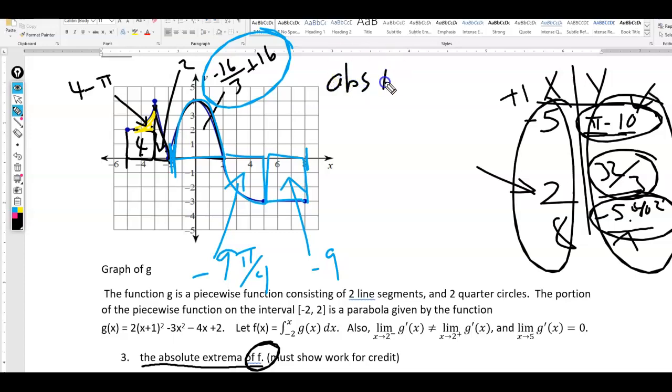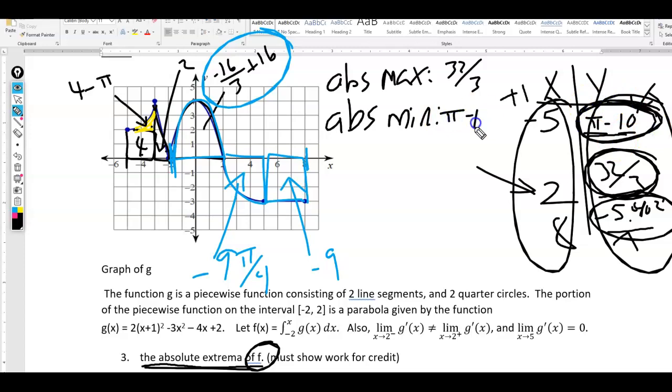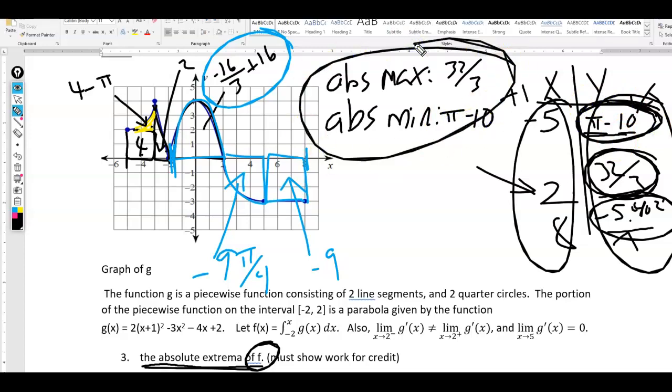So the absolute max in this case, now notice I'm not going to change the question this time to where is the absolute max. I'm just going to leave it as what is the absolute max. And that means it's a y value. So what's the biggest y value that we have, or the biggest f of x value? It's 32 thirds. And my absolute min, that means the smallest y value, that was this one. So pi minus 10.